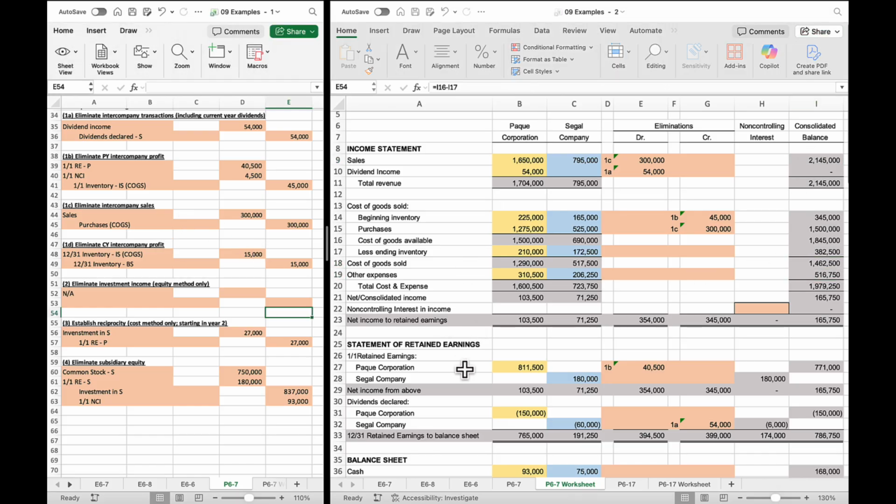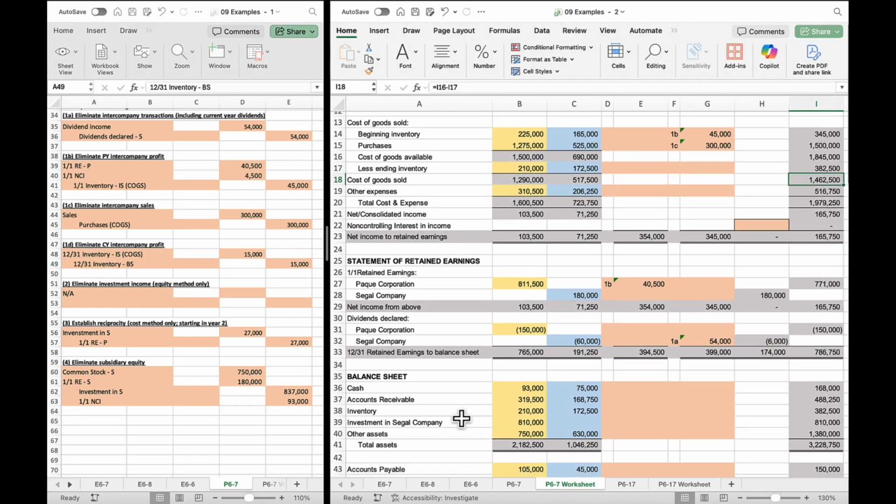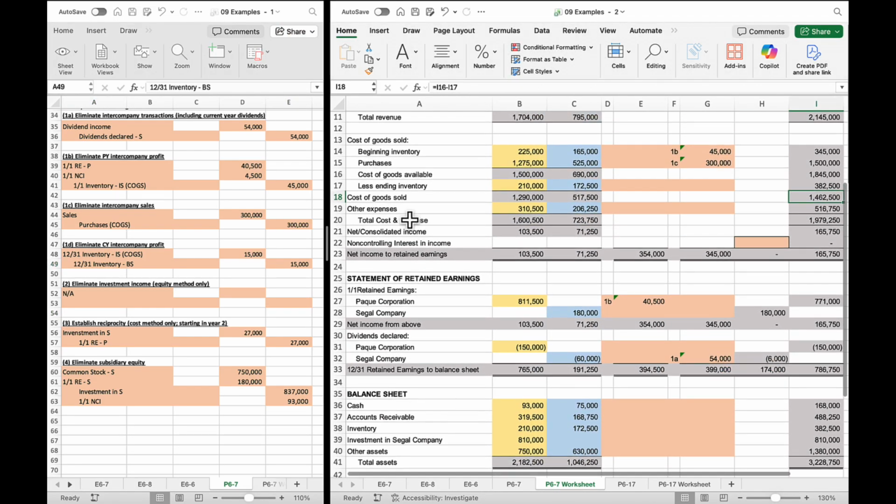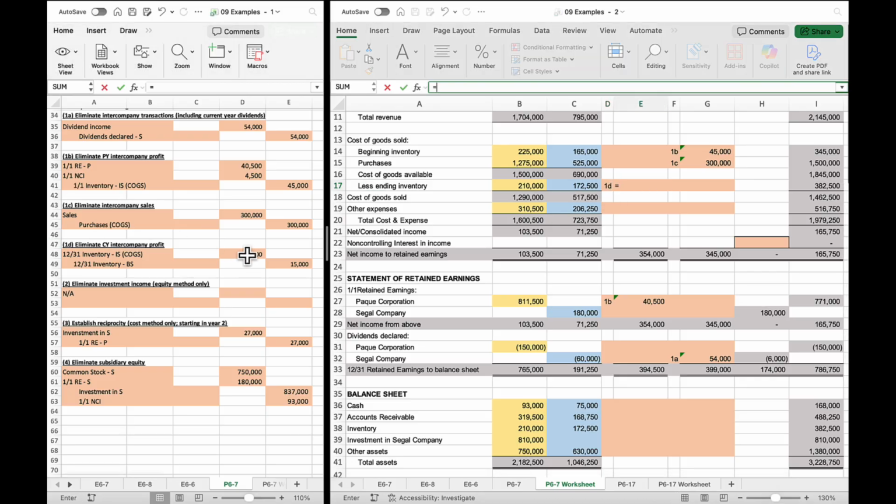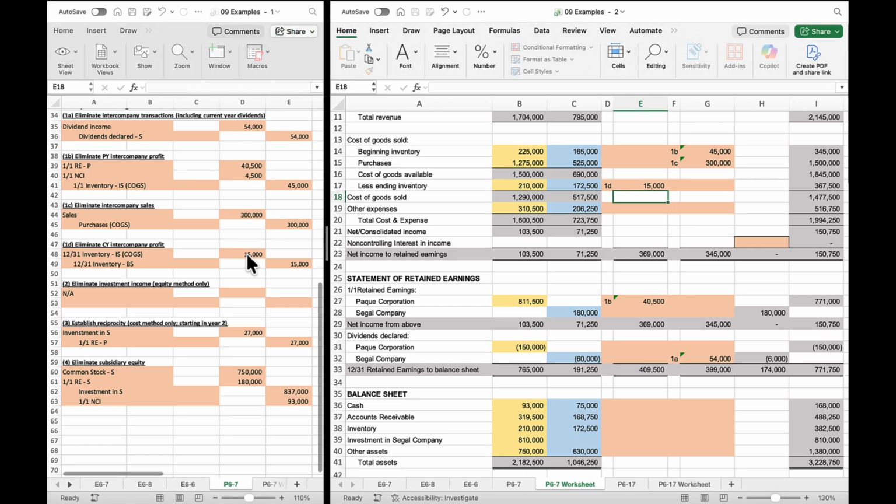Then finally, what we're going to do is we are going to write down our inventory that has not yet been sold outside our consolidated entity. And so we're going to start with the ending inventory on our income statement, which is line 17. We're going to debit for $15,000.